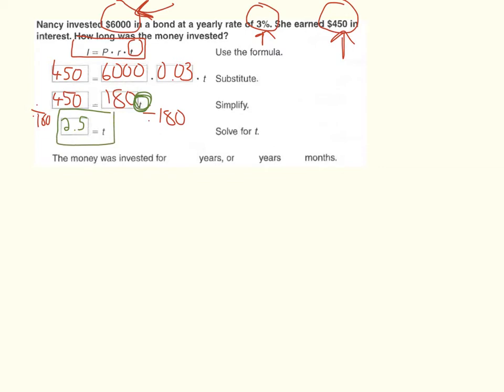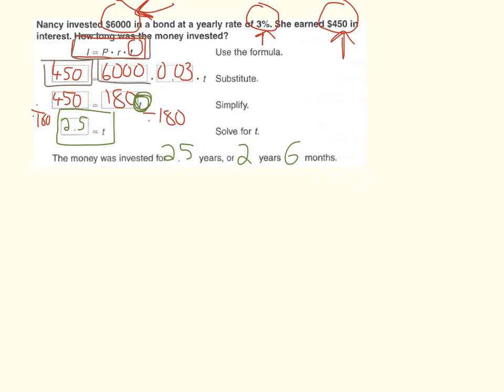So the money was invested for 2.5 years, or if you want to write it another way, 2 years and 6 months. So just to recap, we still use the same formula, interest equals principal times rate times time, PRT. We plugged in the interest because they gave it to us in the question.